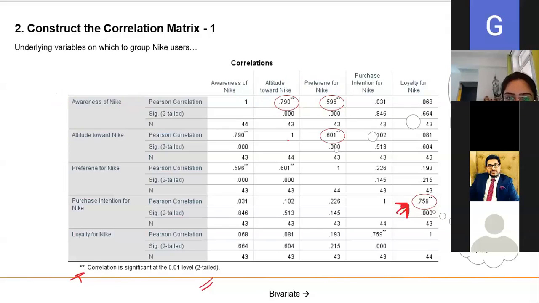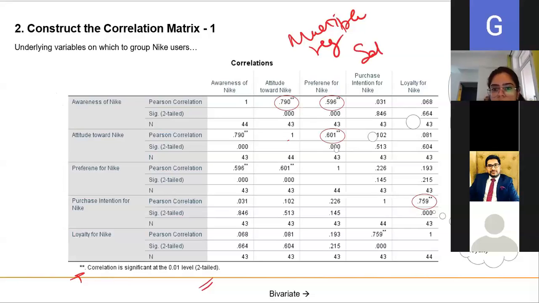So we'll talk more about correlations, and why we check correlation in multiple regression. What is the problem with correlation? I'm talking about multiple regression. You are running multiple regression, and then you see a high correlation between sales and advertisement. Is it a good thing or not? It's a good thing.